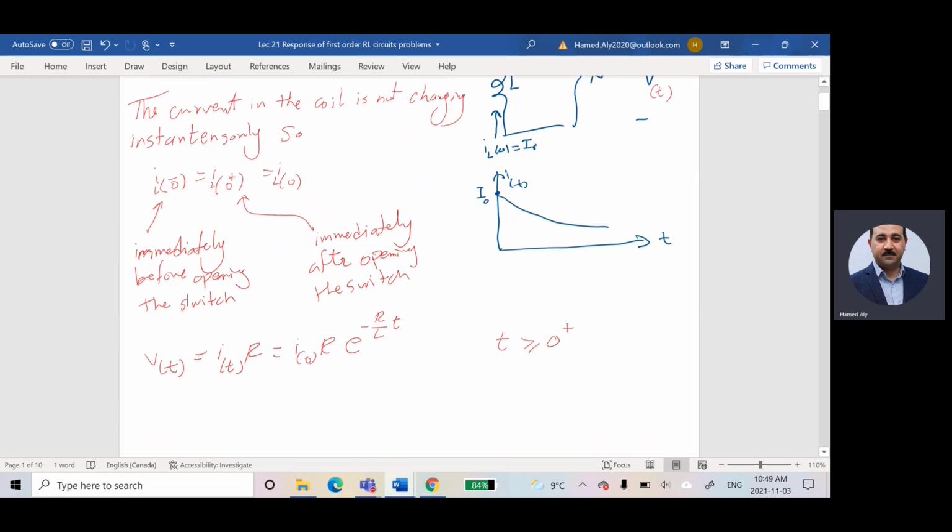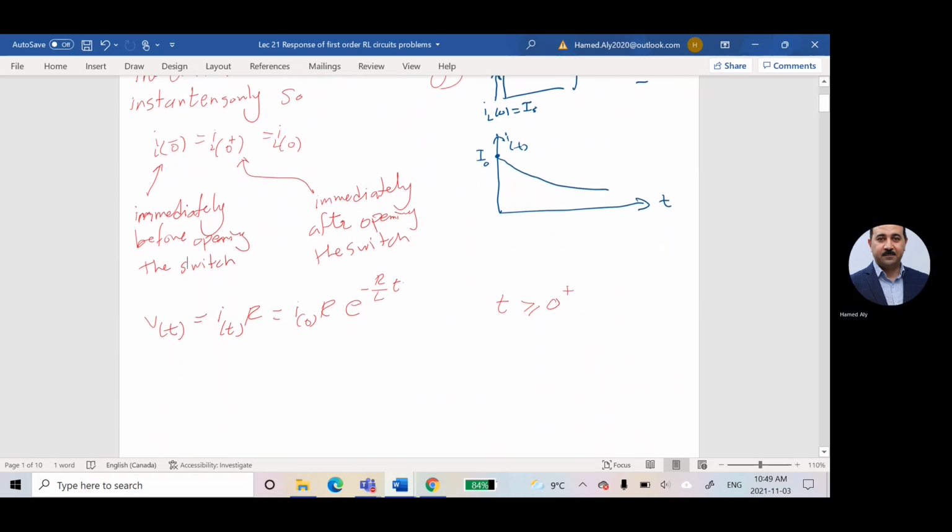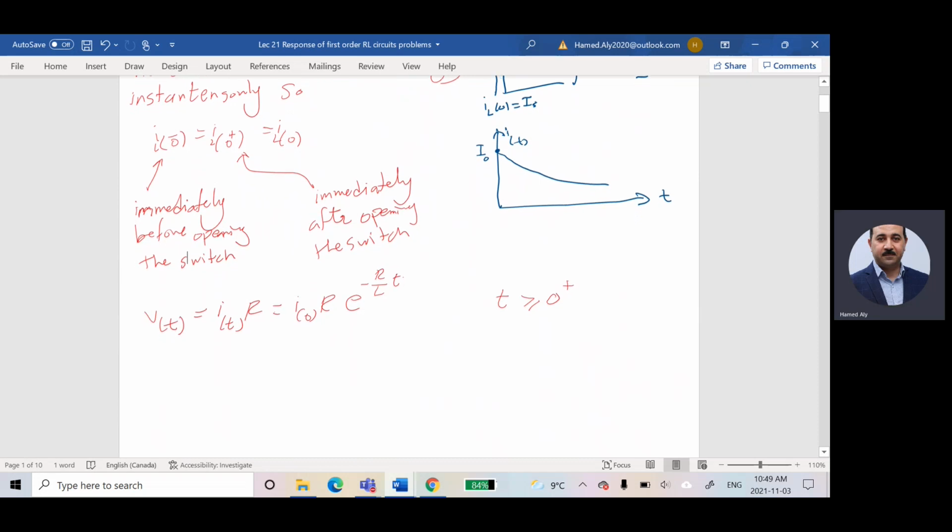Now, if I would like to find the power, I can say the power P of t is equal to V multiplied by I, V of t multiplied by I of t, right?